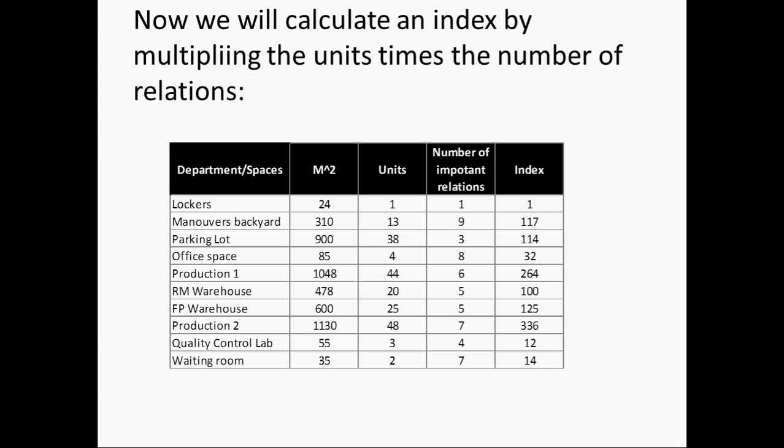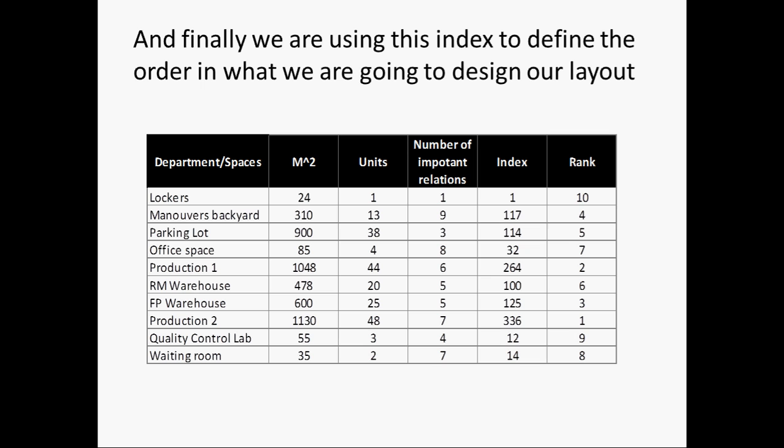And now we will calculate an index by multiplying the number of units times the number of relations, and we have this index in this last column. Finally, we are using this index to define the order in which we are going to design our layout.